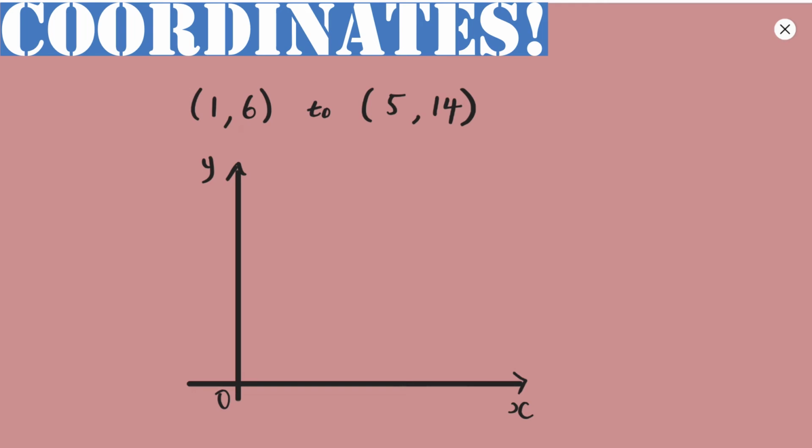So if we plot 1, 6, 1 across, say about here, and then we go up to 6. Now, you might find it very strange if I write the 6 here, because, well, that should be 6 away in terms of the 1 unit we had down the bottom.